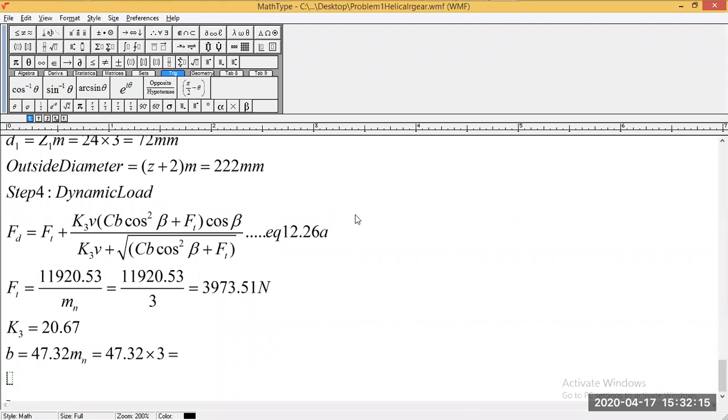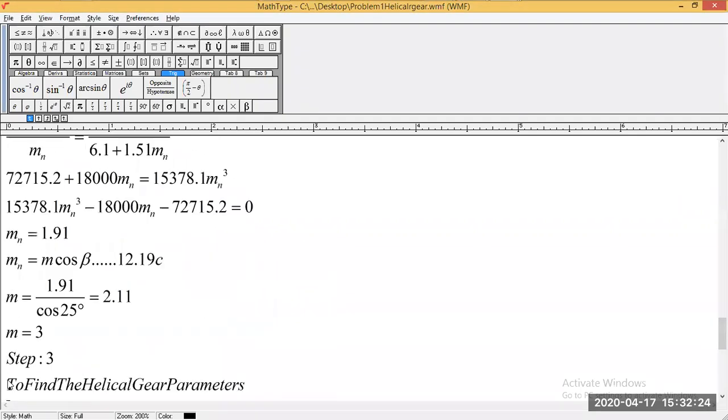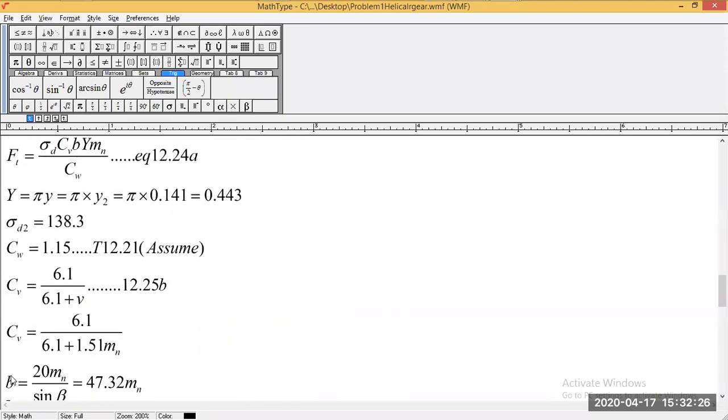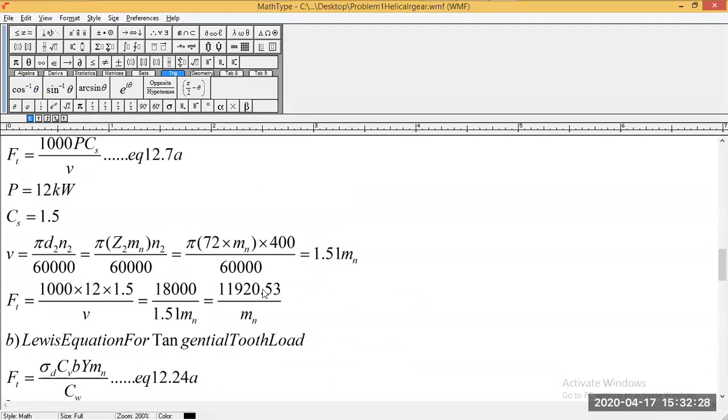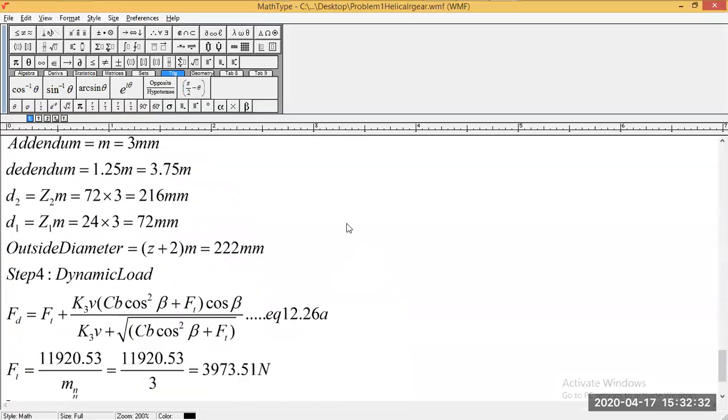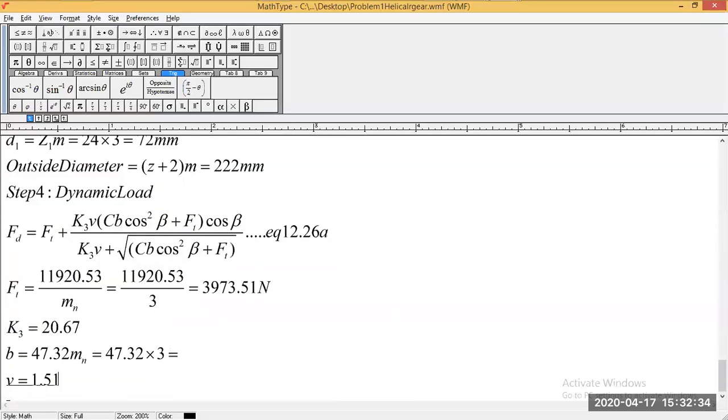Then velocity V. So what is the velocity here? 1.51 mn into mn. So it's 1.51 into 3. I think we have covered all the values except C.